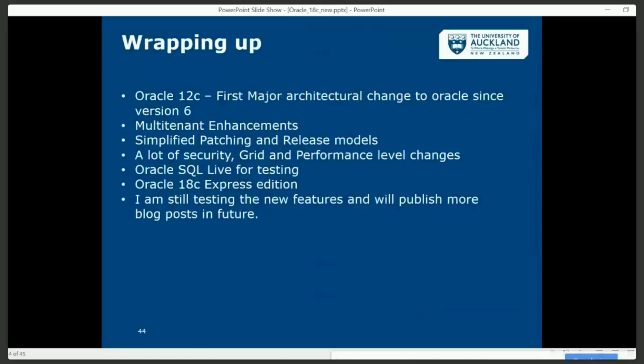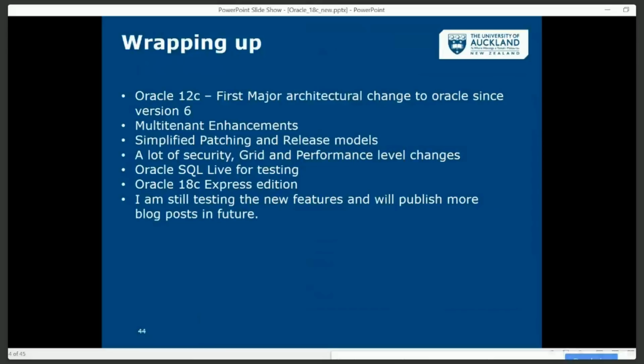So to wrap up, as I have already said, 18C is the first major architecture change since version 6. We discussed multi-tenancy enhancements: PDB refreshable, PDB carousel, PDB cloning, pluggable, unpluggable. There are quite a few multi-tenancy enhancements available from 12C as well as on 18C.